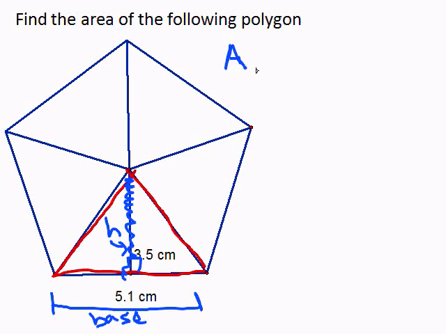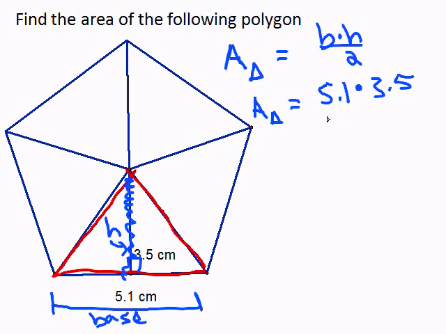So we can find the area of one of the triangles. I'm going to do A for area and then a small triangle underneath to let you know that I'm finding the area of the triangle, which is equal to base times height divided by 2. So the area of my triangle is going to be the base, 5.1, times the height, 3.5, divided by 2.